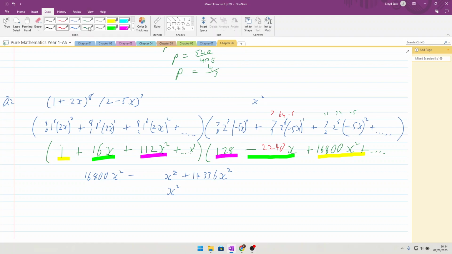Okay, so the new term down here becomes 35840, and then when you do your 16800 plus your 14336, giving you 31136, take away your 35840, you end up with minus 4704.